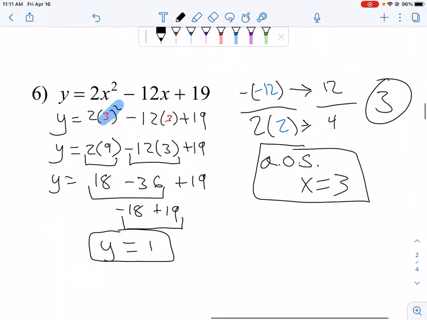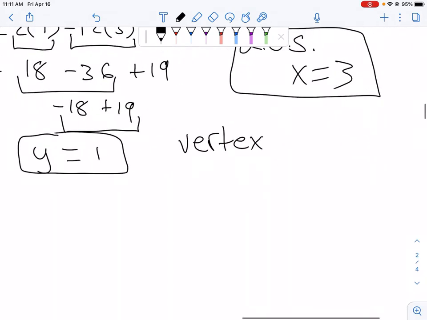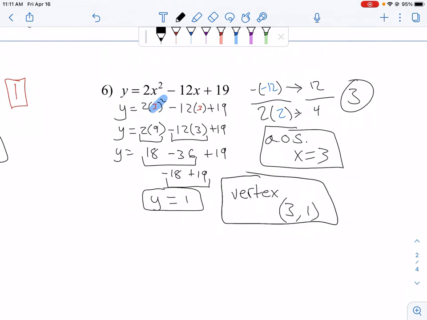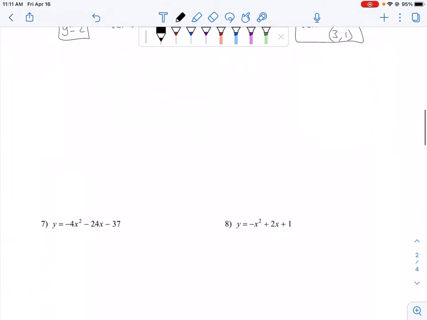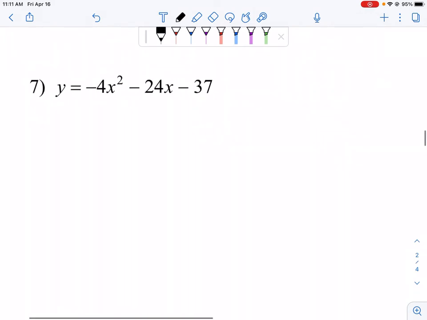So what we're really saying, our vertex is when x is 3, y ends up being 1. Those are the two pieces of information we're finding, our axis of symmetry and our vertex. So even though the numbers get larger, we're still following the same process.